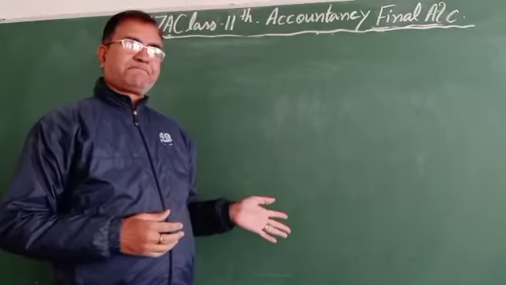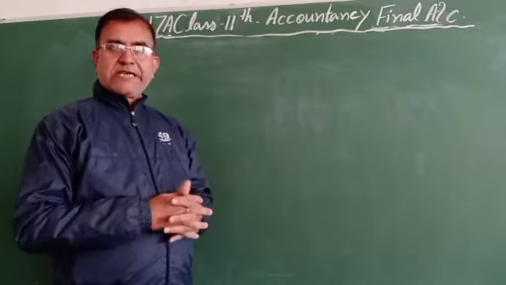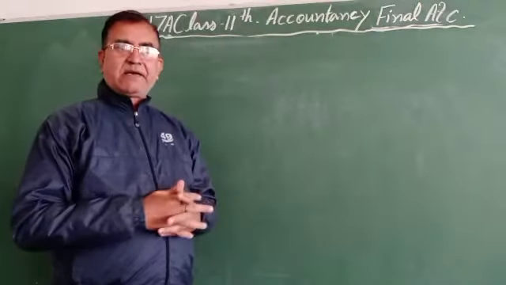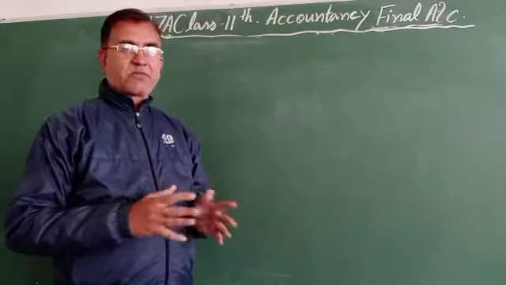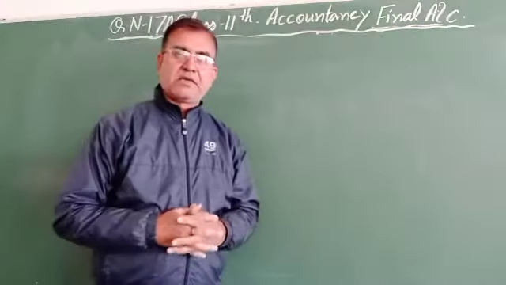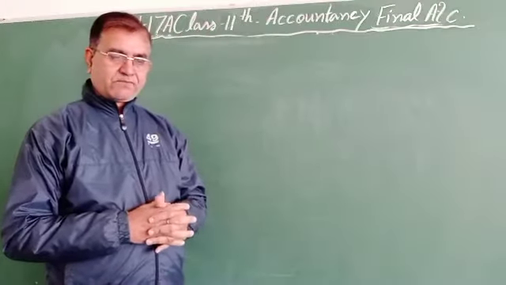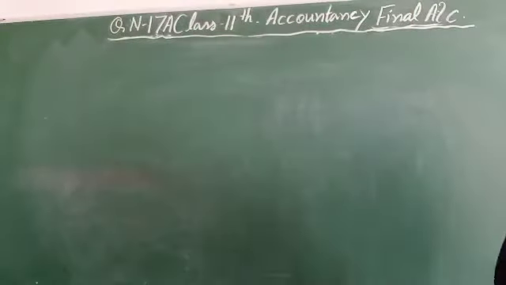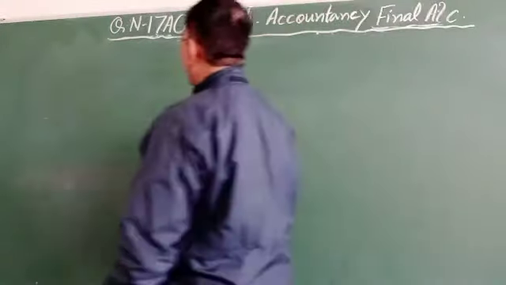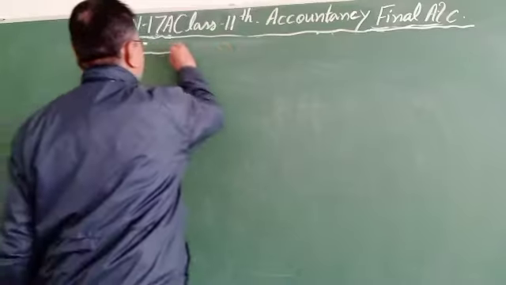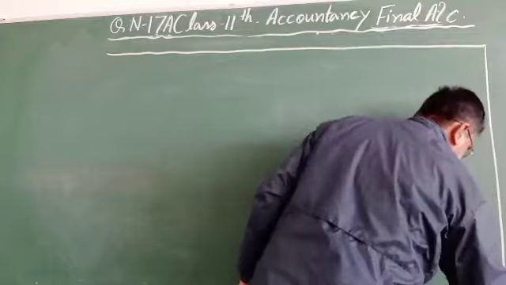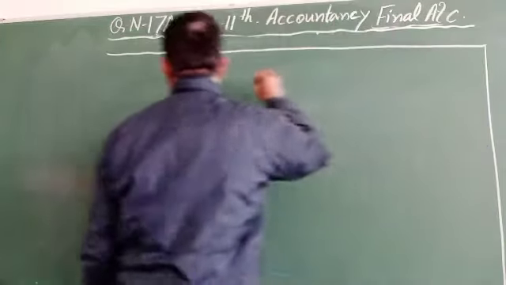In the credit column, closing stock and sales return are recorded, then the GP or GL, I mean to say gross profit or gross loss, is ascertained. Now, for the profit and loss account of question number 17A, you can see first you have to draw the format of the profit and loss account.